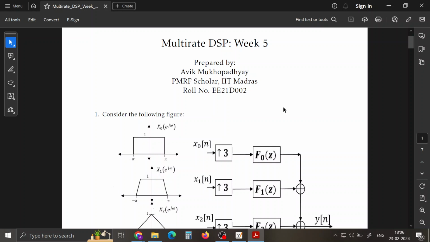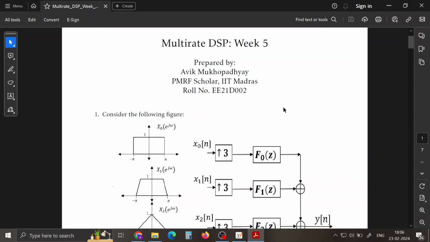So, we'll be discussing some sample problems that were covered in week number 5. If you go back to your lecture videos in the fifth week, the applications of multirate DSP were explored, and mainly the analysis of filter banks was carried out, and we saw the spectral analysis of filter banks.